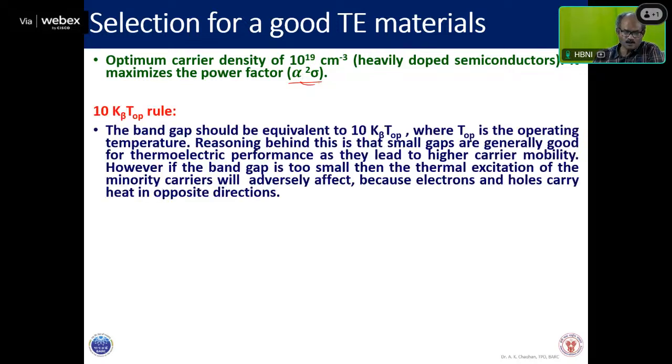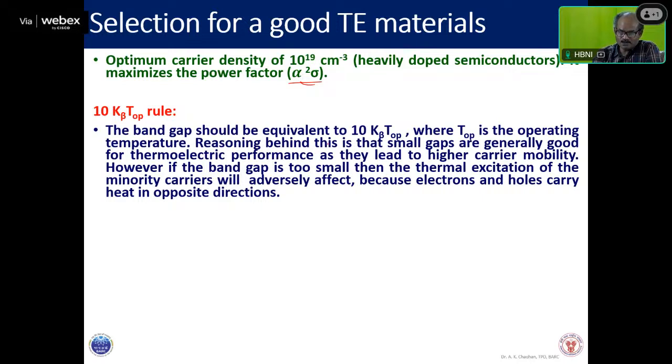And there is one rule to determine the band gap. That rule is called the 10 kT rule. And what is that rule? Suppose my operating temperature is T. In that case, the best band gap for a suitable thermoelectric material is 10 kT.